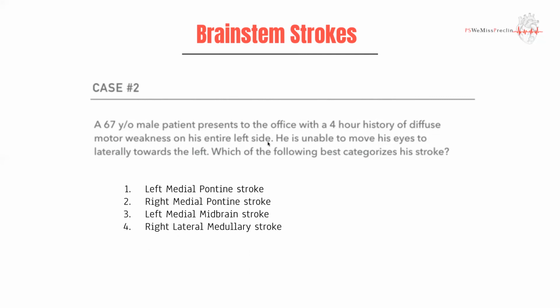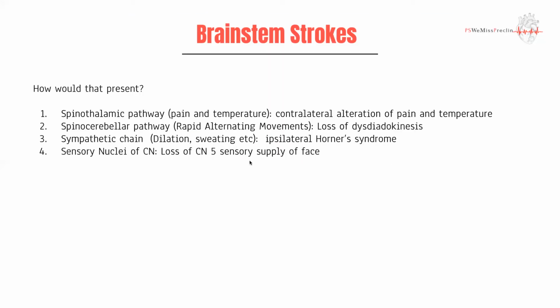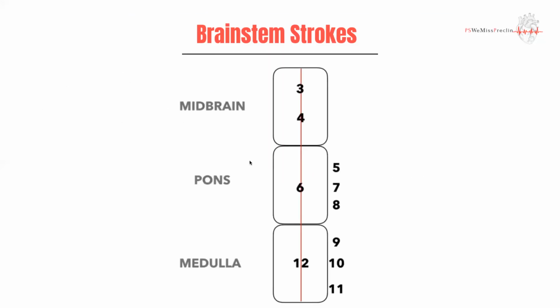He's unable to move his eyes laterally towards the left. Now, if you go back to your cranial nerves, you know that moving eyes laterally, or abduction, is done by cranial nerve 6, right? Now, if you go back to our nice little diagram of the cranial nerves, we ask ourselves, well, Karan, where would cranial nerve 6 be? 3, 4, 6.